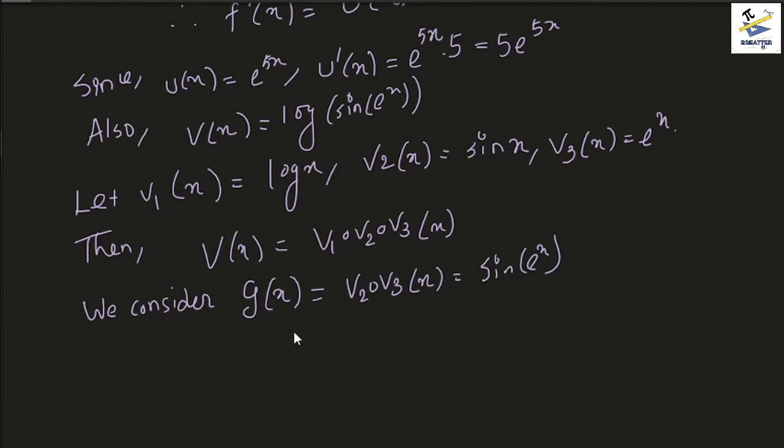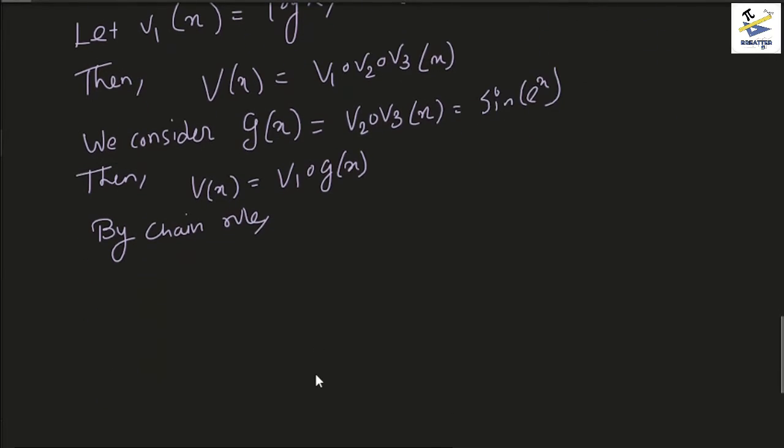Okay, then v of x would just be equal to v1 composition g of x, right? By chain rule, v prime of x would just be equal to v1 prime of g of x into g prime x, right?